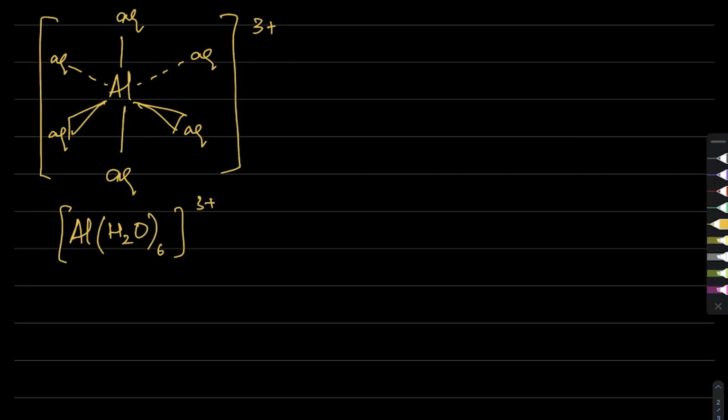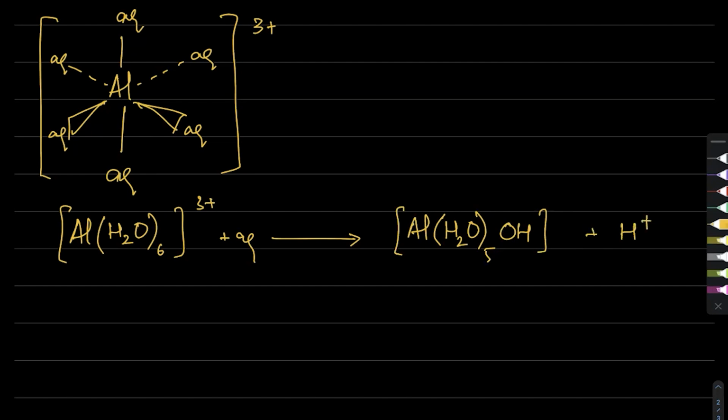In water, what it's going to do is that one of the H+ is going to go away and give me just this. It's going to form aluminum with 5 waters, 1 hydroxide, and H+. Now, what's the charge on hydroxide? -1. What's the charge on aluminum? +3. So what's the overall charge?